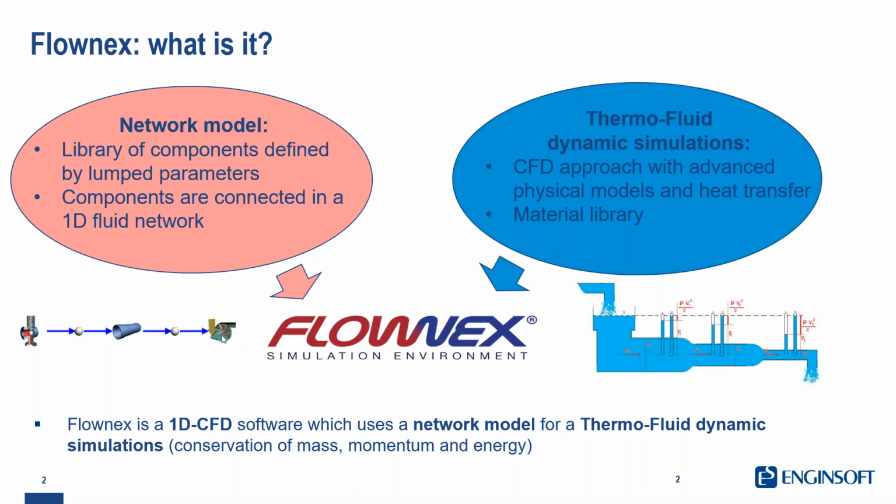So it's a component, and we can see how we can put the information about these components inside your network. And the idea is to have a look, as I said, at the entire system where the pump is located.